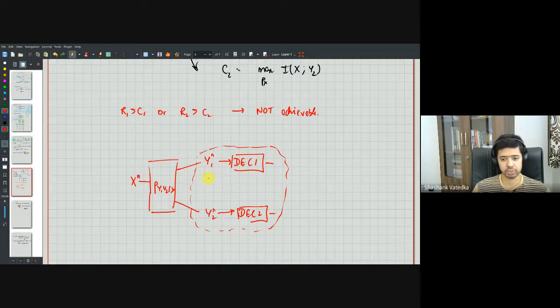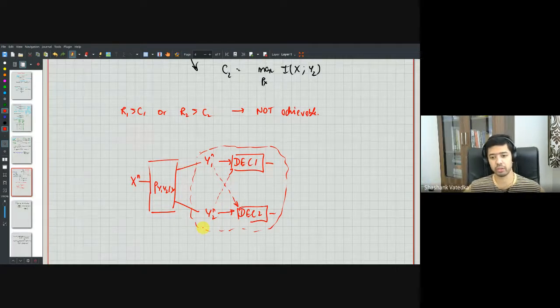Of course, it's not possible, but even in this scenario, if something is not achievable when the decoder can see both y1 and y2, then certainly by seeing only y1 or only y2, that particular rate pair is not achievable. So in some sense, let's assume that decoder 1 has access to both y1, y2. Decoder 2 also has access to both y1 and y2. So these are more powerful decoders, right?